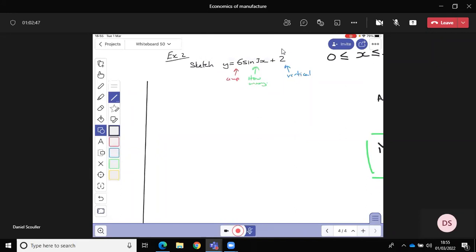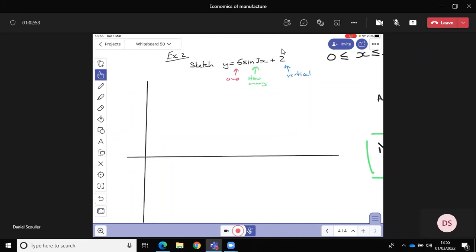Let's draw a graph out. Let's mark it up. Y-axis, X-axis. That's going to be 360.